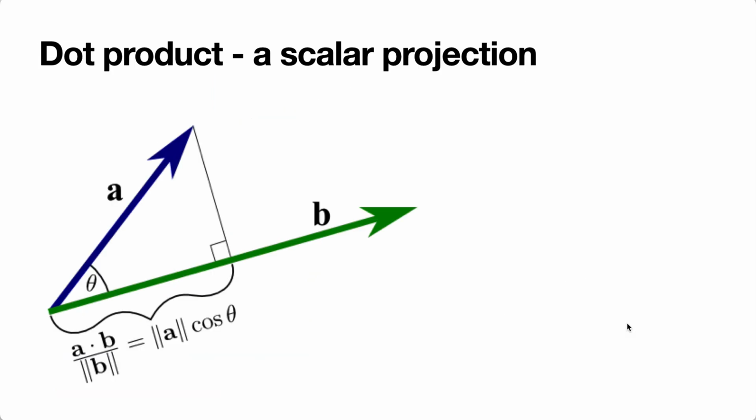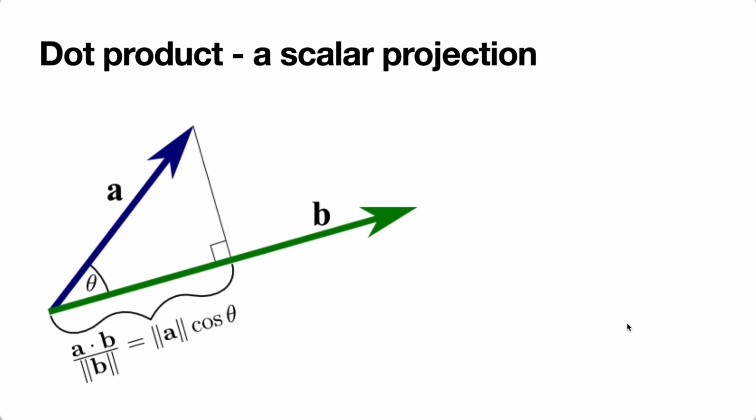All right, so the dot product may be something that you haven't thought about since linear algebra. The dot product is a measurement of similarity between two vectors. If two vectors are parallel, their dot product is going to be the length of the shortest of the two vectors.